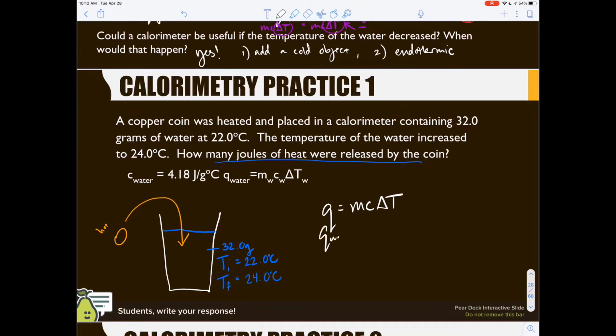Okay, so the Q for the water will be equal to its mass, 32.0, times its specific heat, 4.184, or 4.18 is fine, times the change in temperature, which is always final minus initial. Okay, and so we get whatever we get for that.